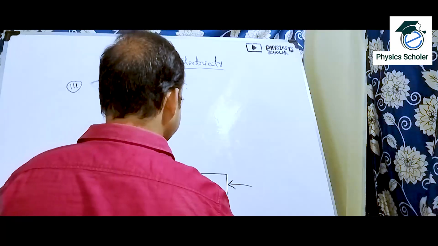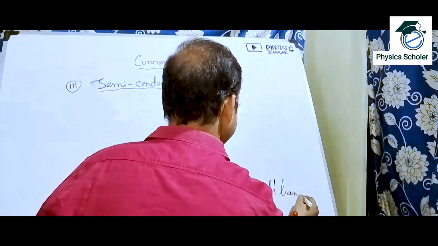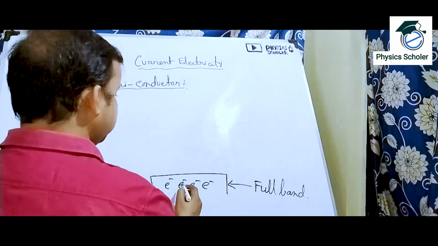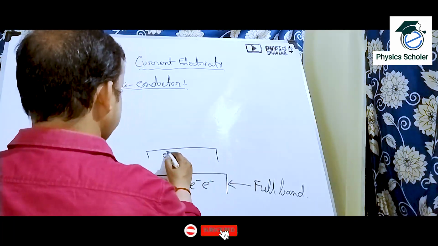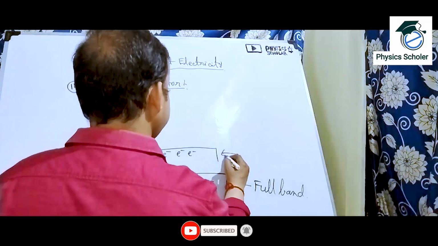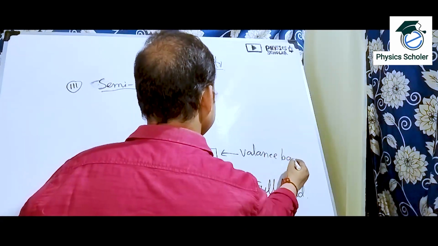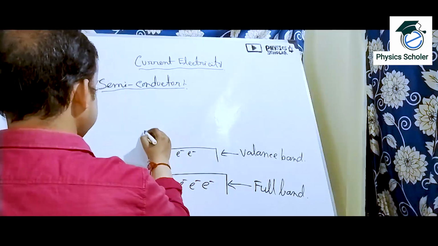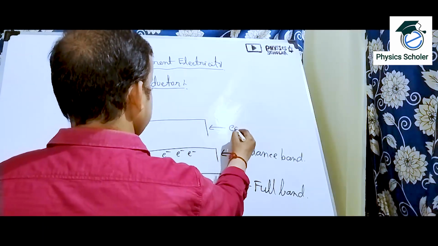Okay, in case of modern physics, this is known as the full band. At the top of the full band there is what? The valence band. And here will be what? The conduction band.